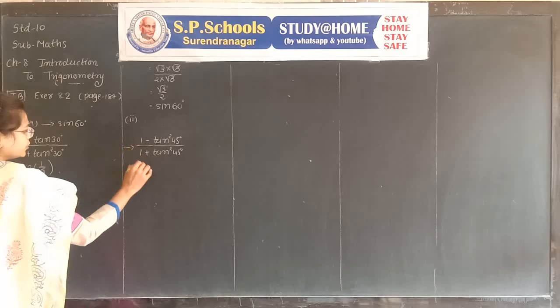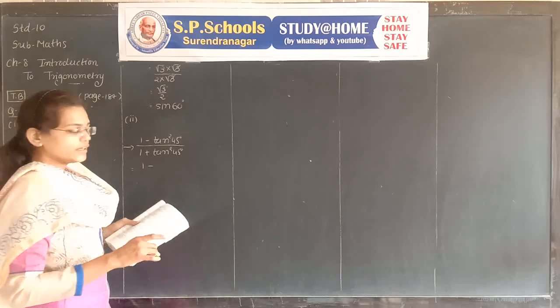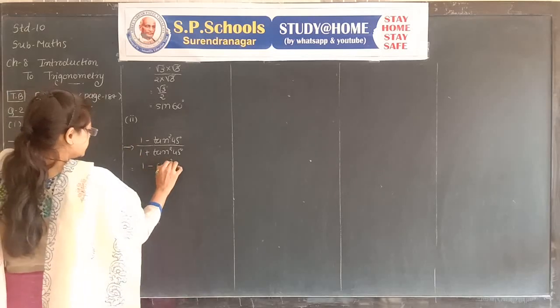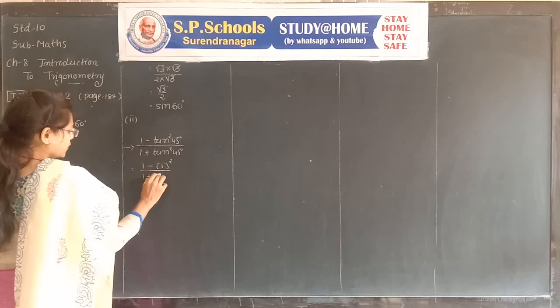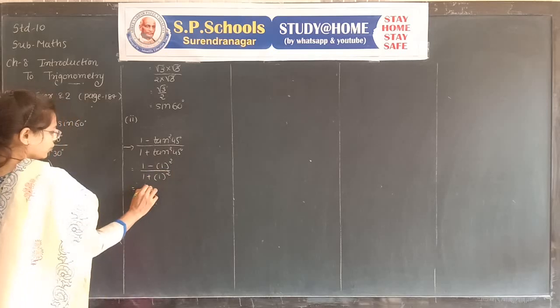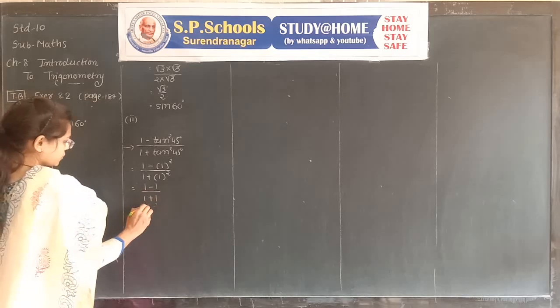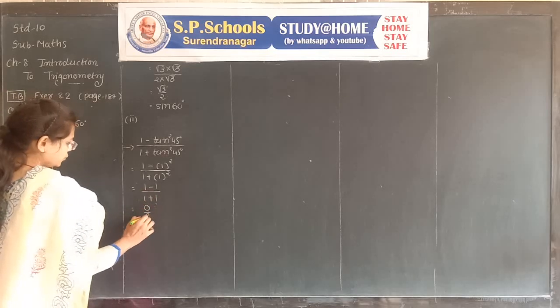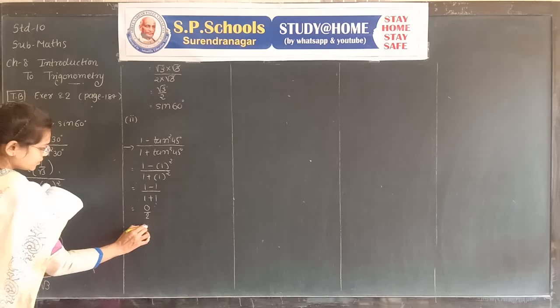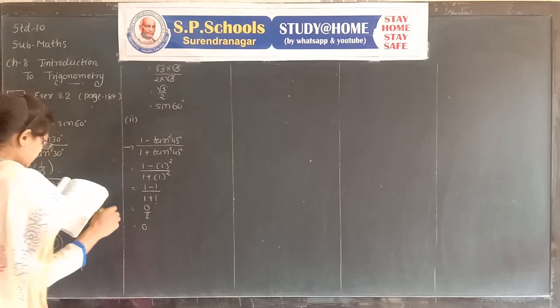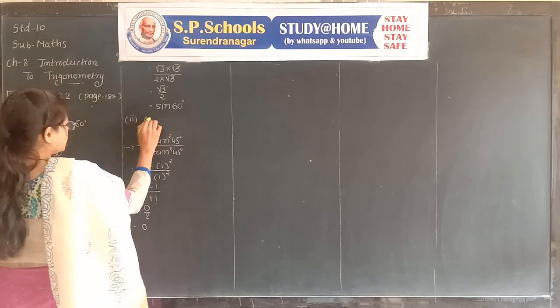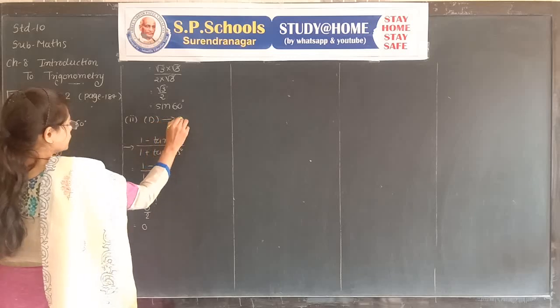Substitute value from the table. As we know, tan 45 is 1, square of 1 upon 1 plus square of 1. 1 minus 1 upon 1 plus 1 is equals to 1 minus 1 is 0 upon 2. 0 upon 2 is 0. 0 is the option number D. So the correct option is D, which is 0.